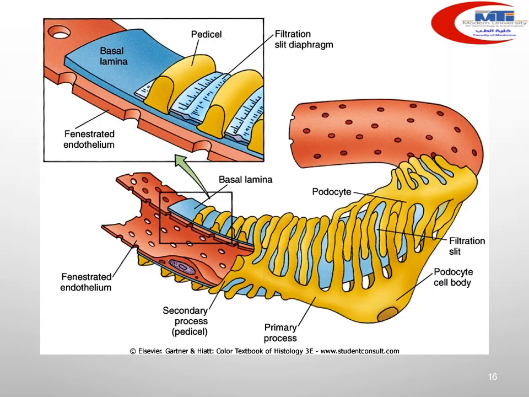Here you can see three layers: the podocyte with its secondary processes, then the endothelial cell, and in between you have the basement membrane.